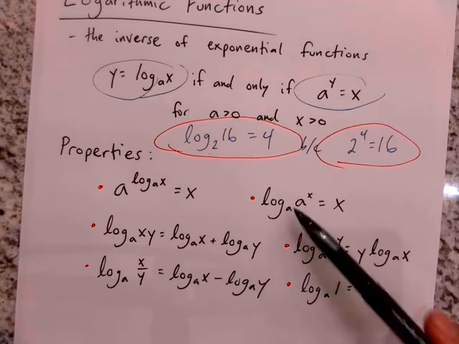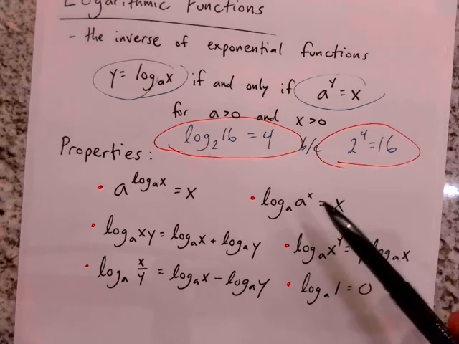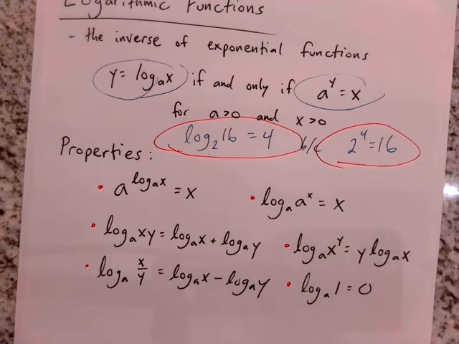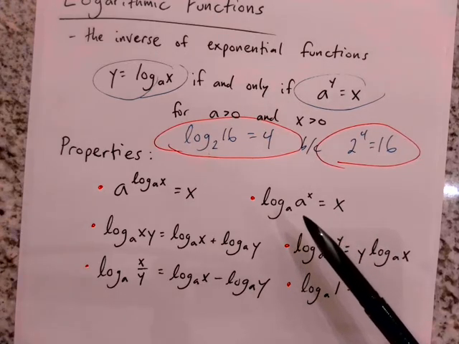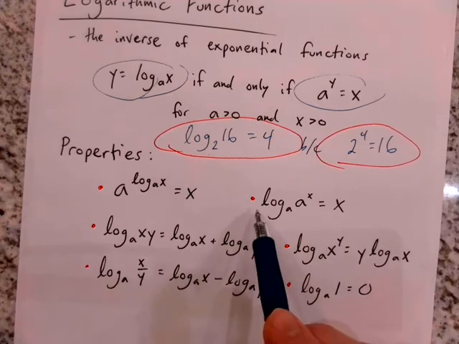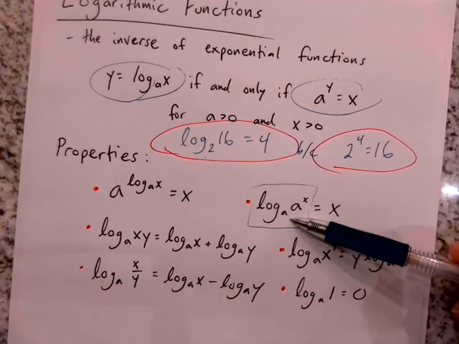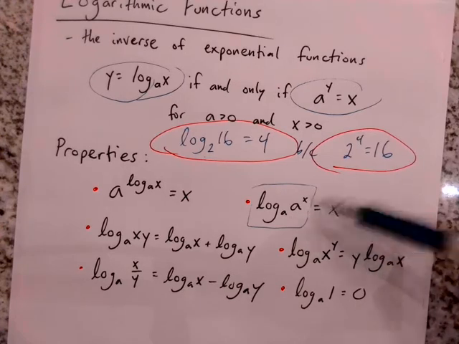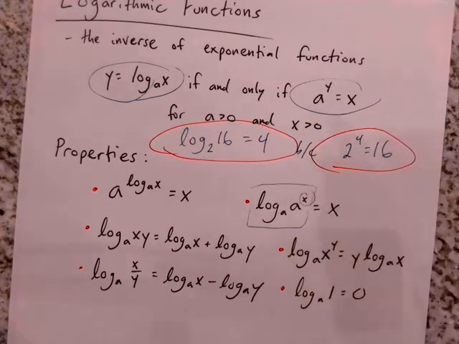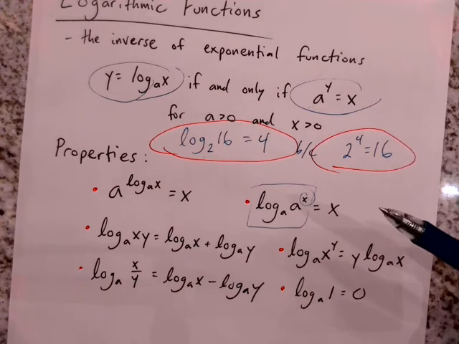Likewise, this is doing the exact same thing. The logarithm and the exponent are inverses, so they cancel out. One more way to look at this is this logarithm is asking you, what power do you raise a to in order to get a to the x? Well, the answer is right there. You raise a to the x power to get a to the x. So the answer is x.